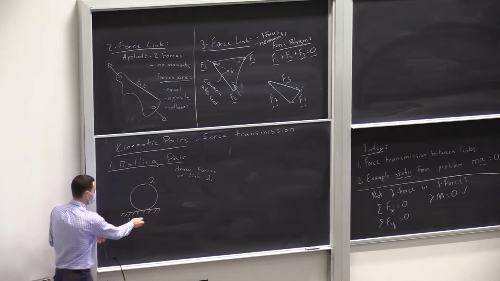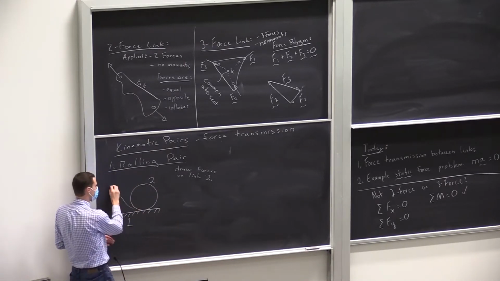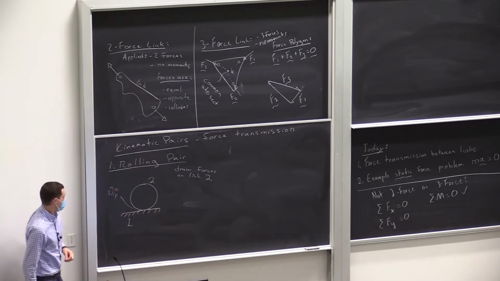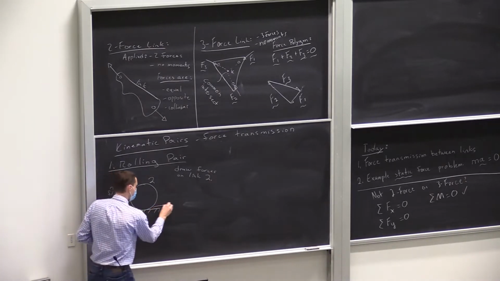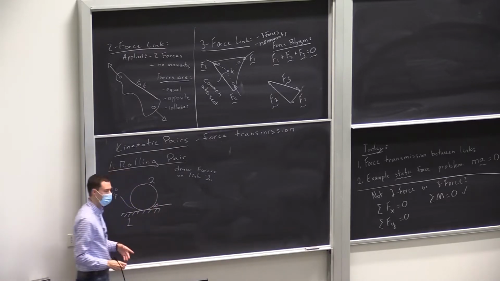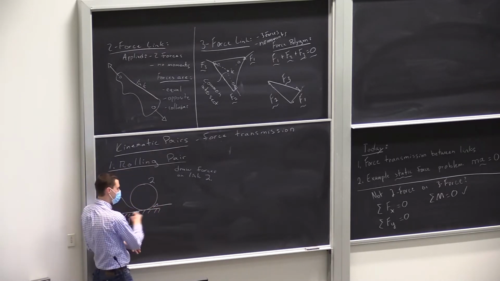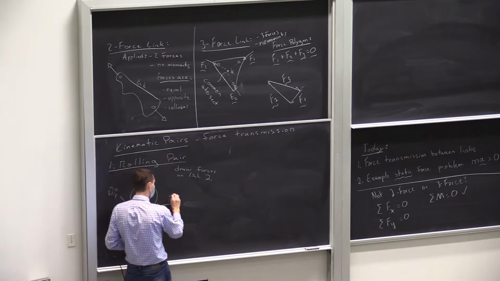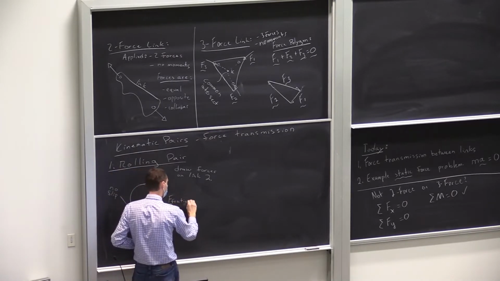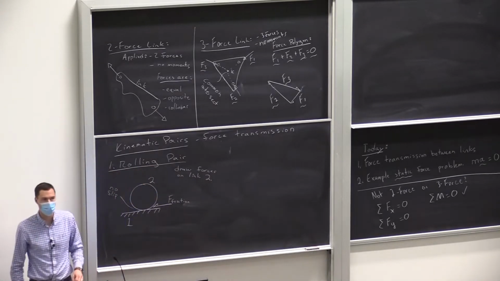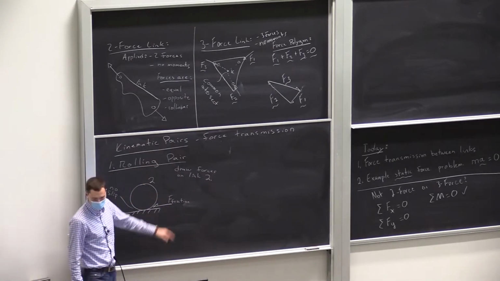OK, so here, of course, if this is a pure rolling pair, there'd be no slip here. And to enforce the no slip condition, there has to be some friction here, right? So the friction, we're going to say it should act parallel to the slide here. So force of friction is going to be right along the sliding surface.